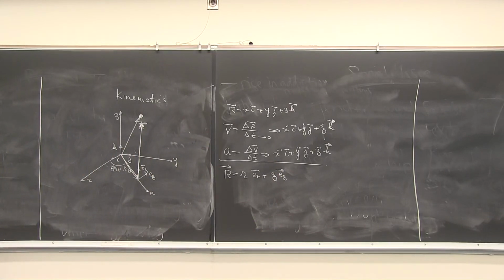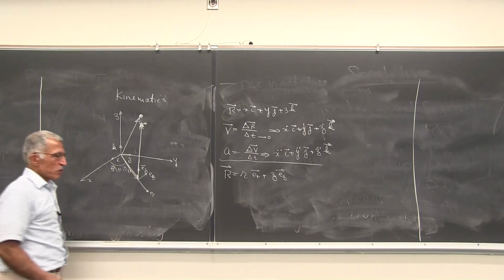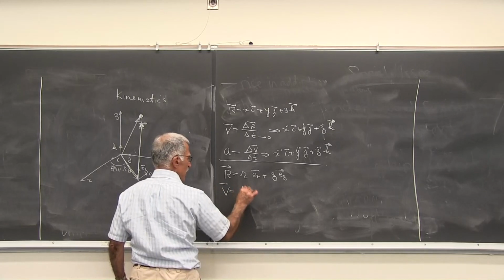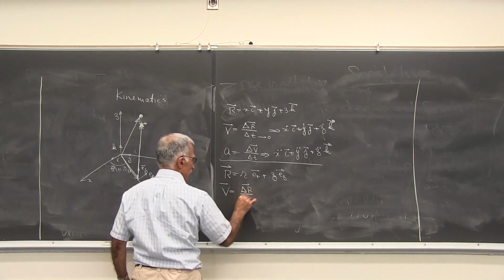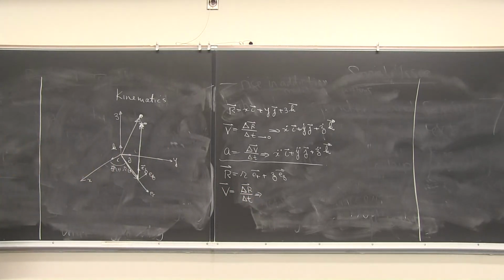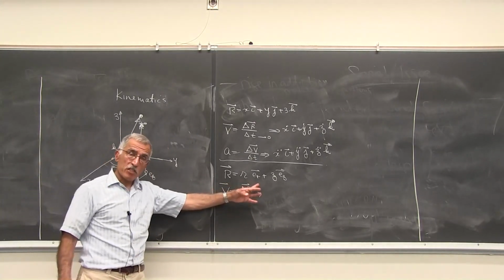Now if you are interested in the velocity, velocity again is defined as the change of position with respect to time, delta r over delta t. So this time your er is changing.